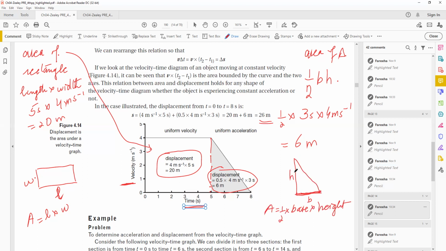It's not a slanting line. Height is always a perpendicular line. So if the triangle, for example, was like this, then the height will still be this one. So in this case, half multiplied by the height, height is equal to 4 minus 0.